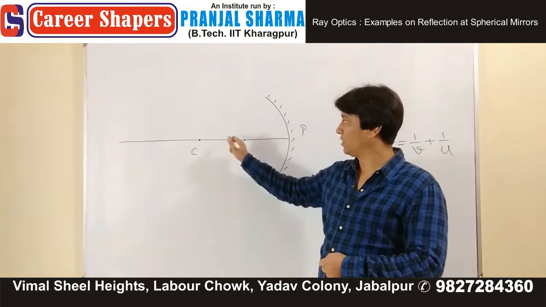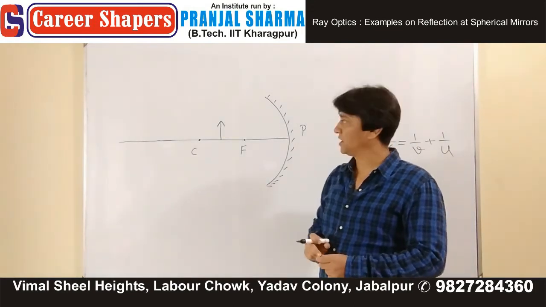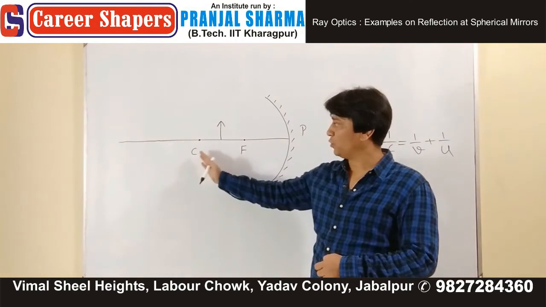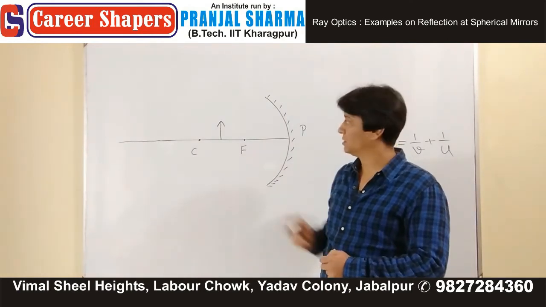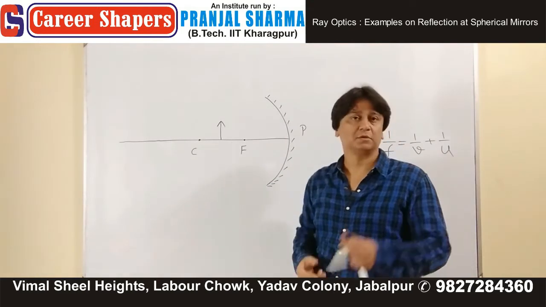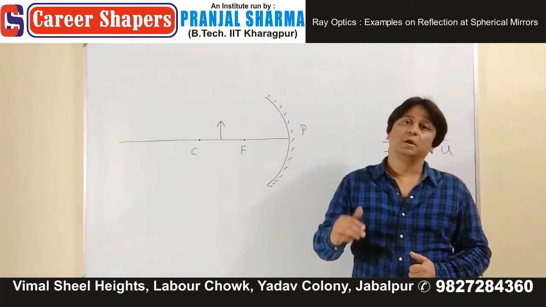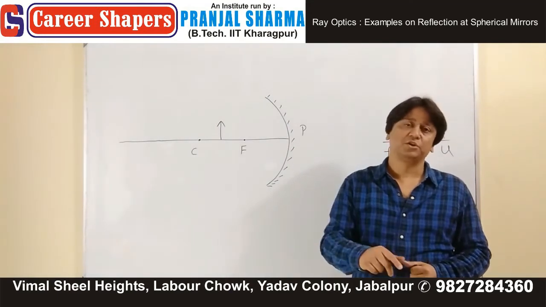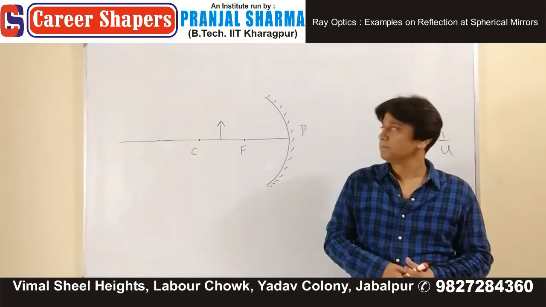Tell me everything about this type of object which is placed between center of curvature and focal point. Everything means, what about the image? Virtual, real, diminished, enlarged, erected, inverted, things like that.